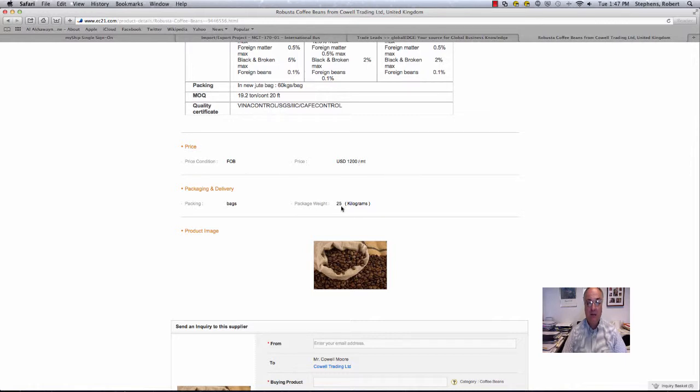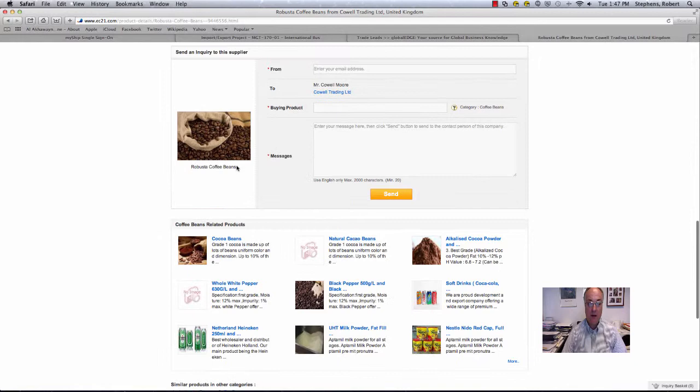Package weight comes in 25 kilogram bags. The price condition FOB, what that means is free on board, and that is a shipping designation. It means that shipping is not included in the price. They will get it to the port of embarkation, but then you have to arrange shipping from there and pay for the shipping.